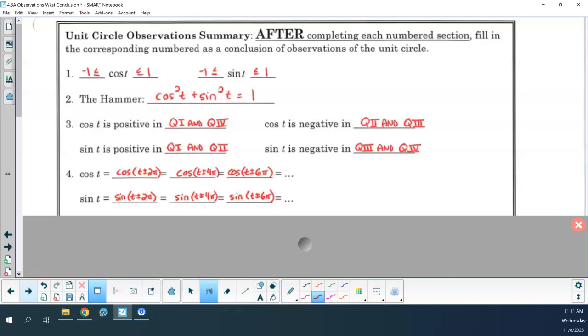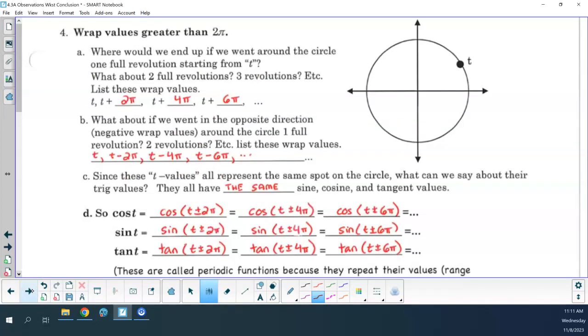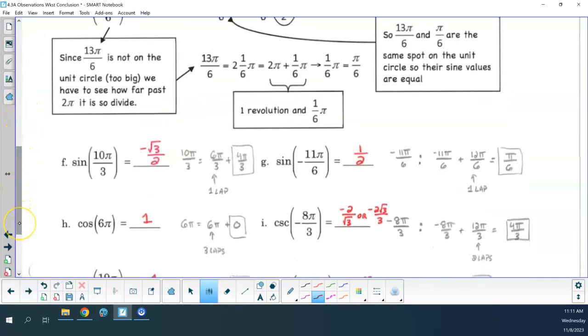Then you utilized that in number 4, when we have angles bigger than 2 pi, or big negatives, we can get back to that positive first lap of the unit circle by adding 2 pi, or 4 pi, or 6 pi.